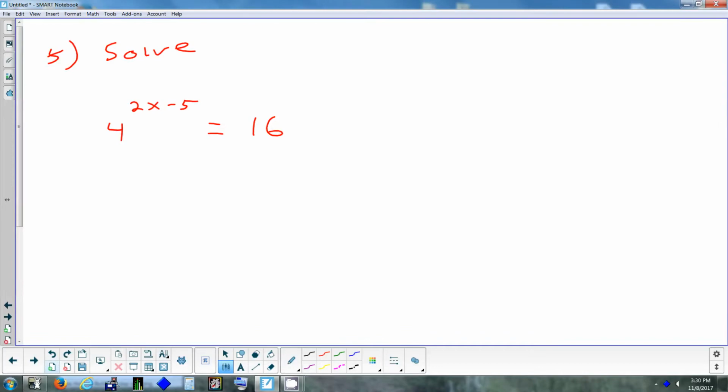So, did we look at the one like this in your class? The one in the homework where we had to rewrite one of the sides, or rewrite both sides using exponents?